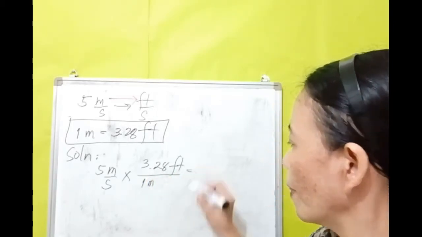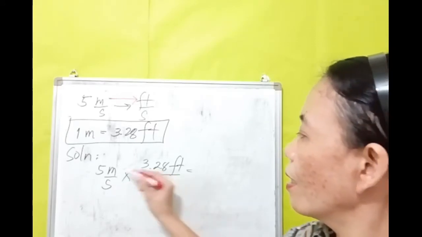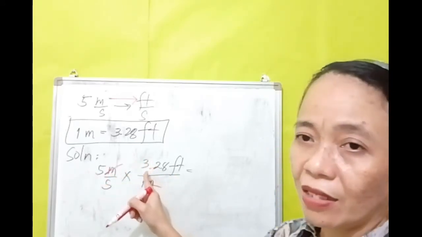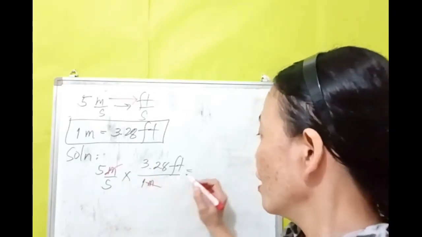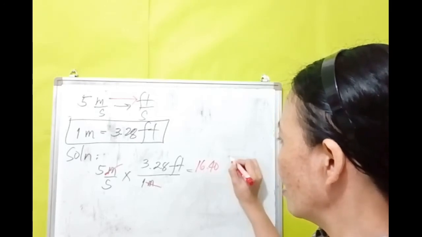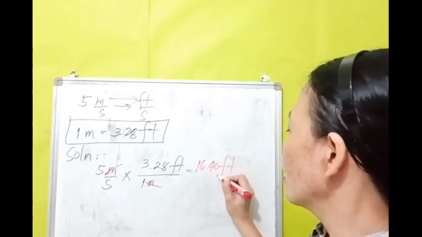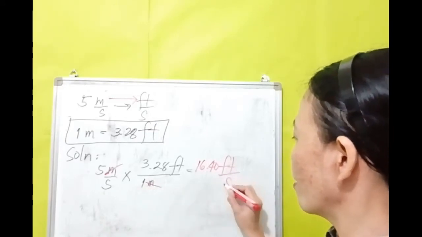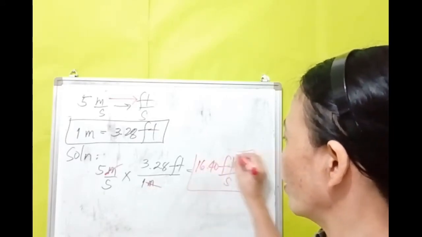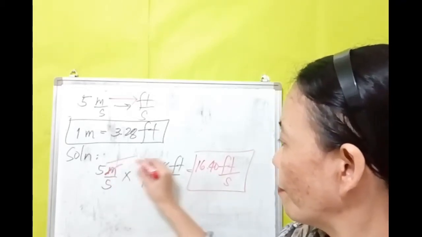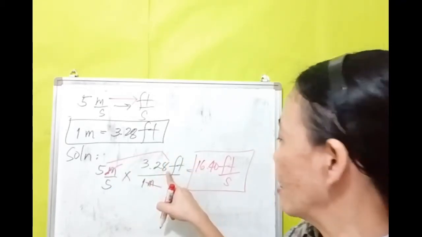So cancel meter and meter. So 5 times 3.28. So we have 16.40 feet divided by 1 second. So 16.40 feet per second. So again, 5 times 8 is 40.